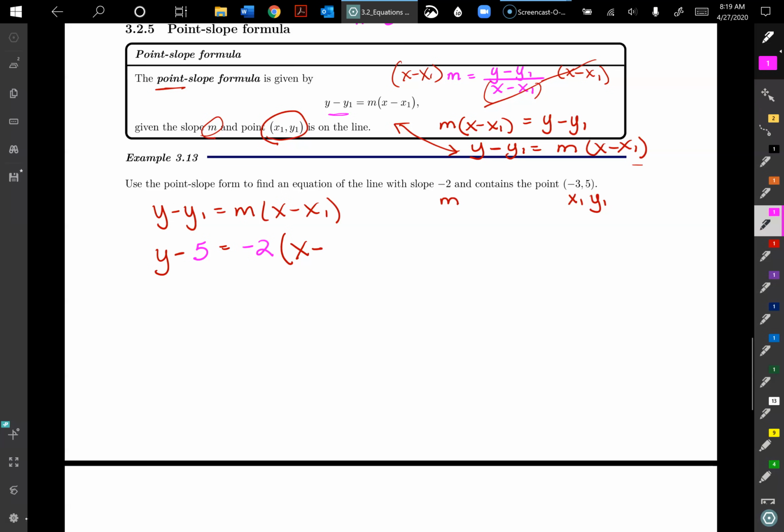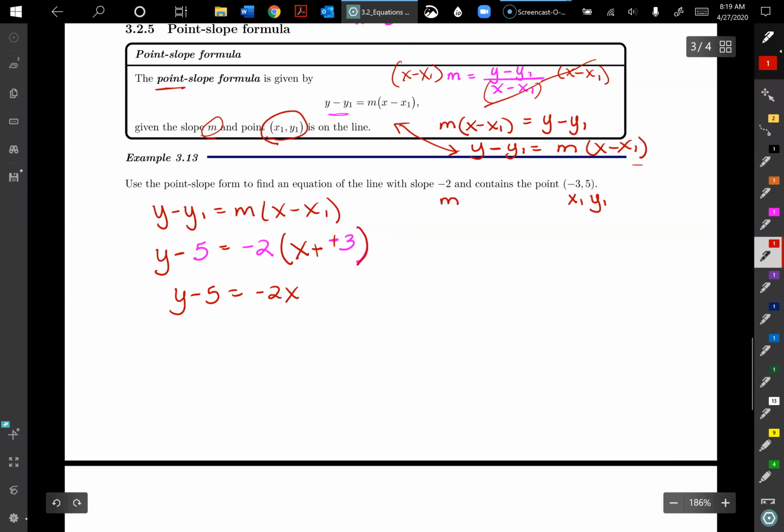Notice the subtract here I wrote in red is the part of the form, and then x sub 1 is negative 3. So I just want to be clear with that, because this is going to make plus plus, right? So now we have y minus 5 equals negative 2x.